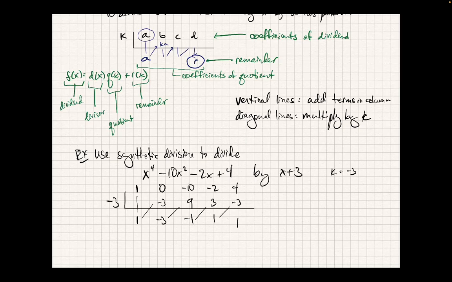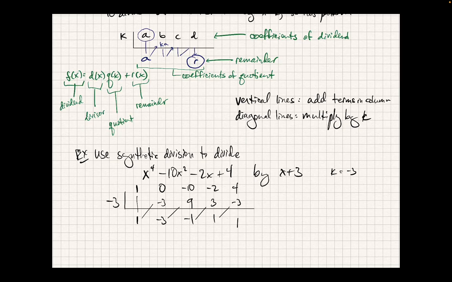So I hope you wrote my dividend first, equals, and then what's the next thing you write after the equal sign? Parentheses x plus 3, and then what goes in the next parentheses? x cubed minus 3x squared minus x plus 1.